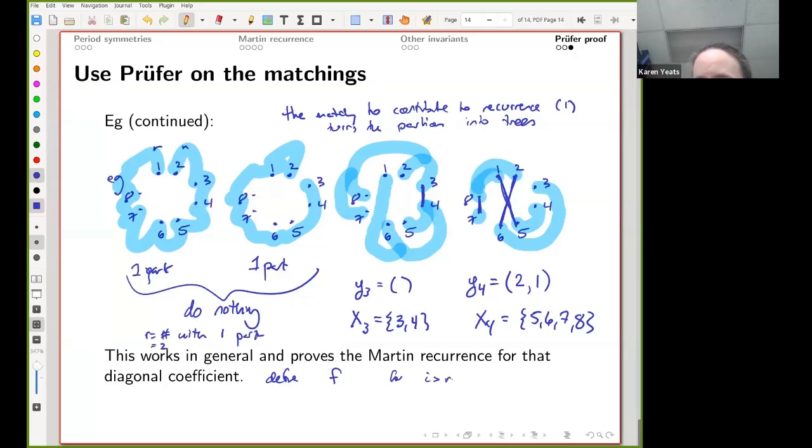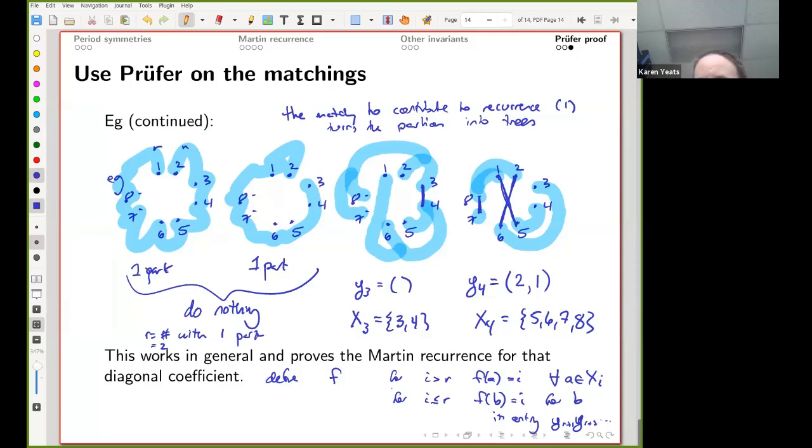And if I is greater than R, I'm going to let F of A equal I for all A in Xi. And for I less than or equal to R, I'm going to let F of B equal I for B the ith entry of the concatenation of the Y's. So Y R plus 1, Y R plus 2, etc.